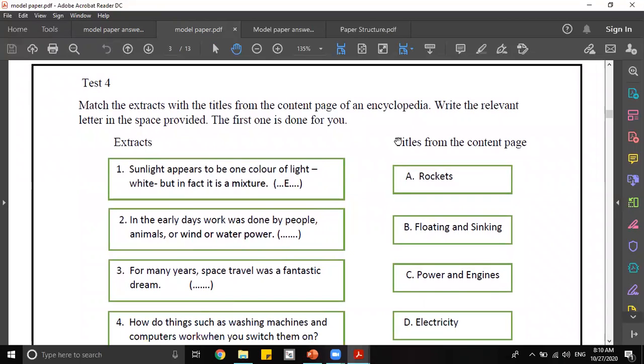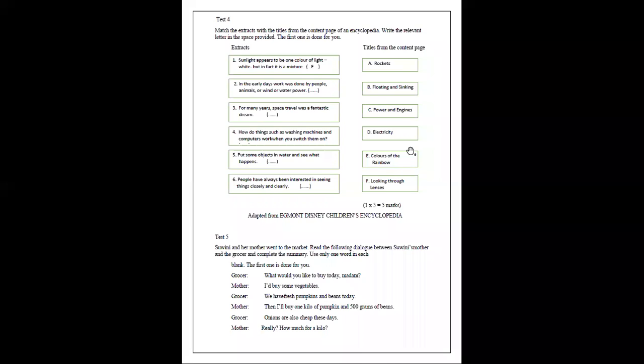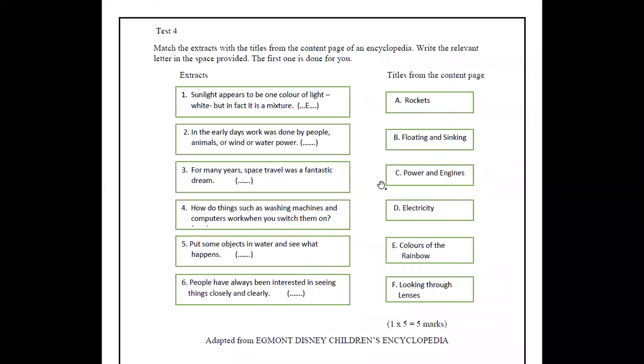So let's see what's the question. Match the extract with the titles from the content page of an encyclopedia. Write the relevant letter in the space provided. The first one is done for you. In most of the questions they have given the first one as an example.